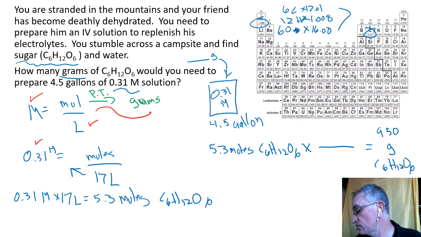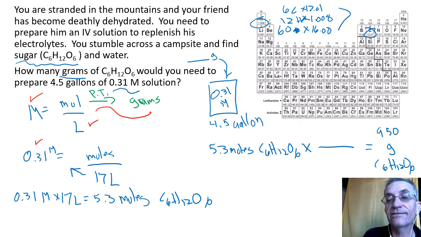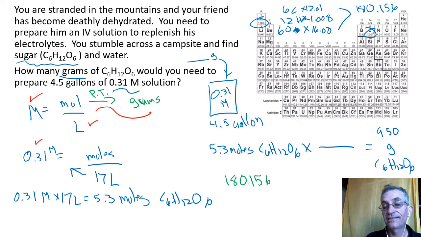You should have gotten a total of a little over 180. 180.156 should be the total weight. That's the weight of all those carbons, hydrogens, and oxygens together. That's how many grams makes a mole.